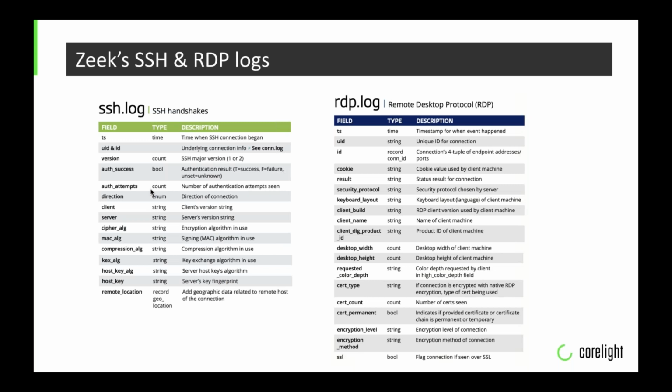Sometimes out of Eastern Europe and Russia, various adversaries will forget that simple detail, and they'll just leave their keyboard as is, which is a default Cyrillic keyboard layout. And now you've identified that in your RDP log, and that stands out like a sore thumb if the rest of your RDP connections are not Cyrillic.